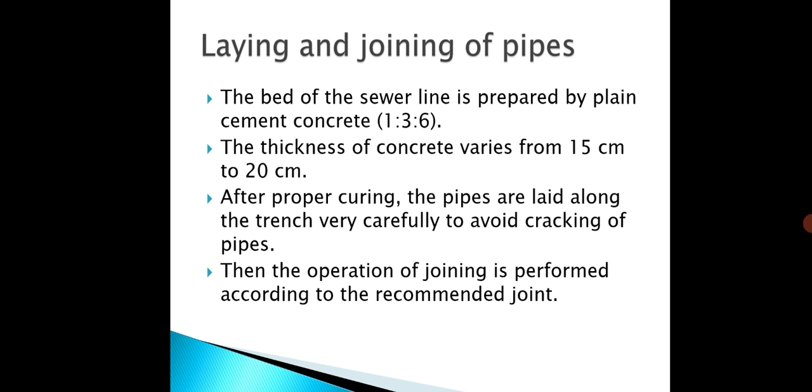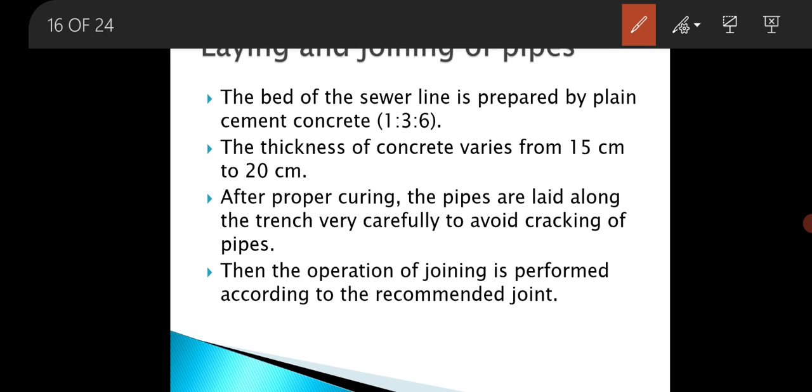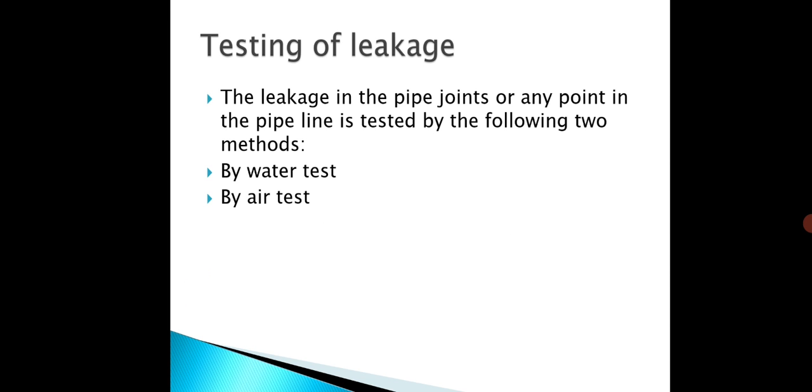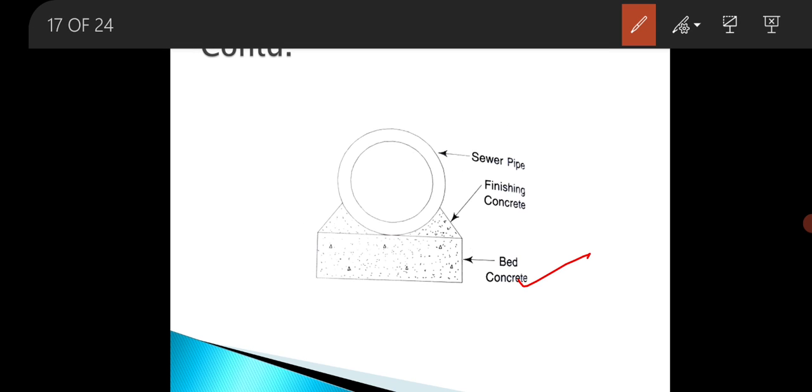Next step is laying and joining of pipes. The bed of the sewer line is generally prepared by cement concrete of proportion 1:3:6, and the thickness of the concrete varies from 15 to 20 centimeter. So this is the concrete bed, this is the sewer pipe.